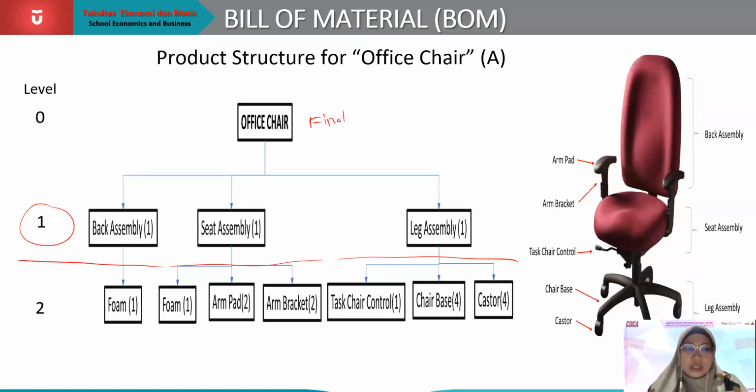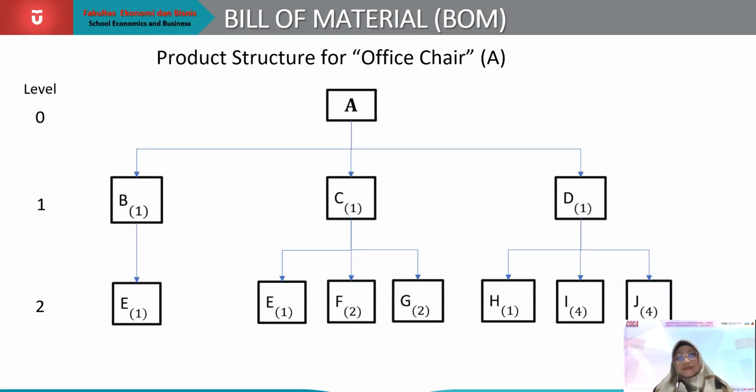If we use the full names like office chair, seat assembly, leg assembly, the picture is going to be long and not effective. So in the future we are going to use this coding. A is for the office chair or final product, and B, C, D are for the other parts of the office chair. One means that to make one A product, you need one B, one C, one D. This is the quantity.